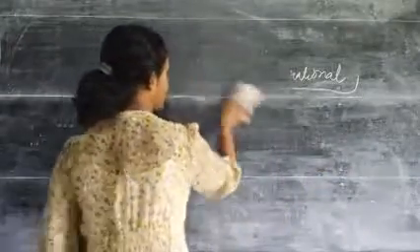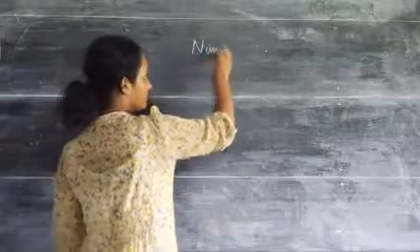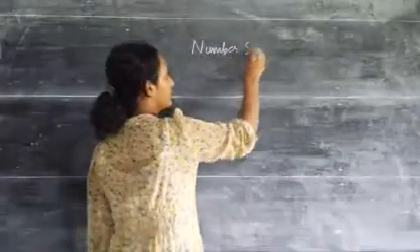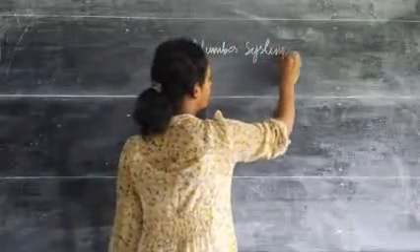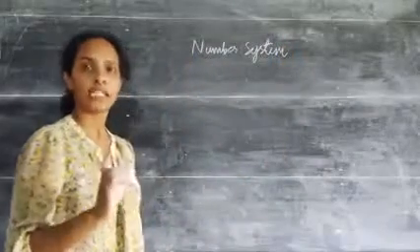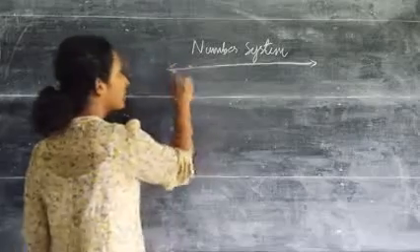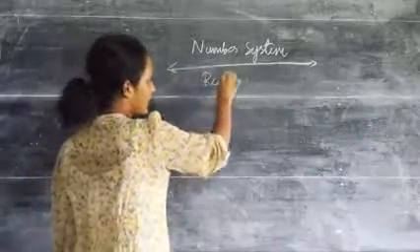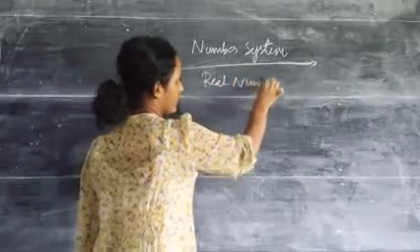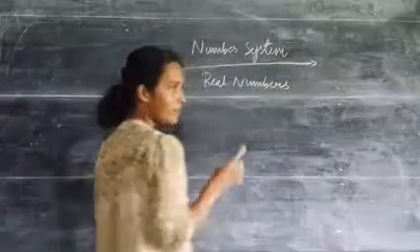So let me explain it to you once more. Let me summarize it for you. All the numbers in the number system which we can represent on a number line are called what? Real numbers. Right? Or we can say, one more definition is there.